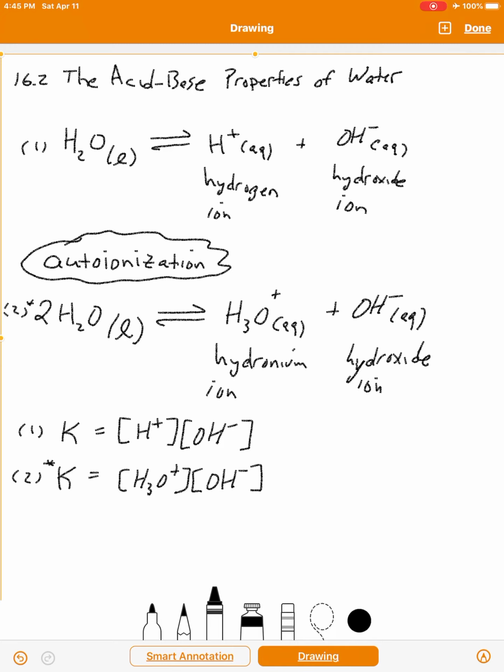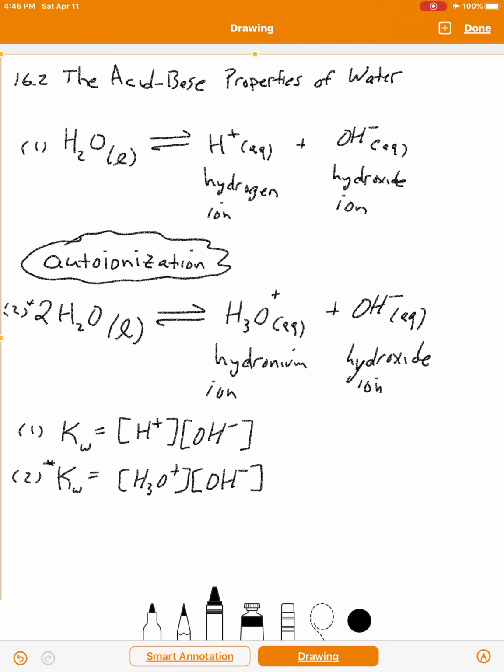Now, it turns out that these are equilibrium constants. We could call them KCs because they're concentrations, but because this is such an important equilibrium constant, we're going to call it KW. We're going to give it its own subscript.